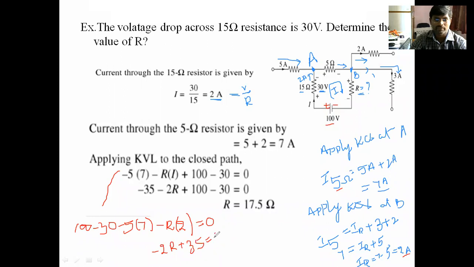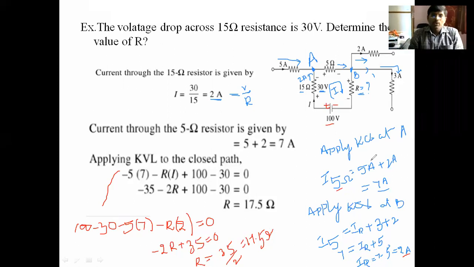Minus 2R plus 35 is equal to 0. From this R is equal to 35 by 2, which is equal to 17.5. So in this way, you have to apply KVL and KCL to solve different types of networks.